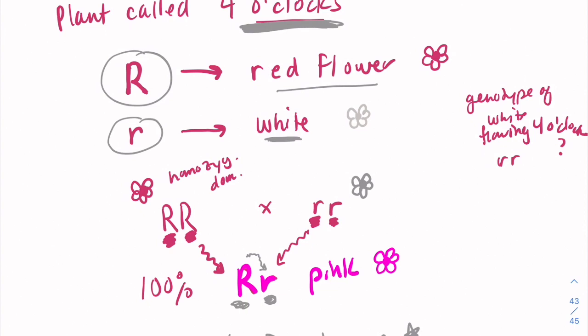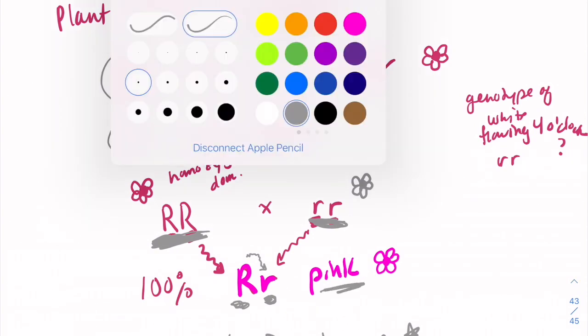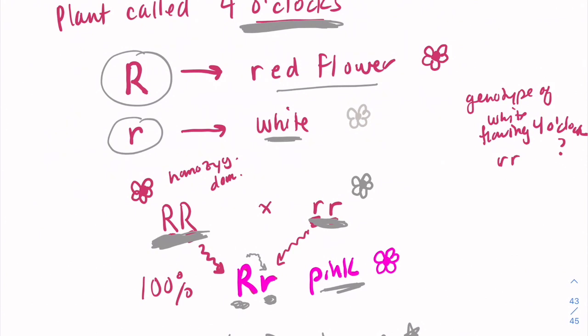Let's take a homozygous dominant red flowering plant and a homozygous recessive, also known as a white flowering plant. 100% of the babies will be heterozygous. That means one of each allele, but that plant will not have red flowers. They will be pink because this is an example of incomplete dominance.